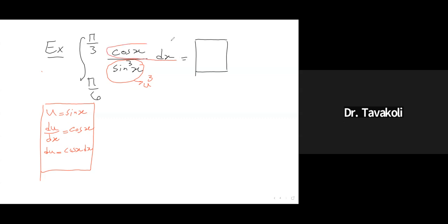In fact, I have cos x dx is du. So you see that the substitution makes the problem much easier. So this is going to be the integral of 1 over u cubed du.